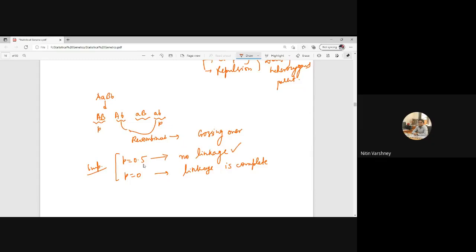P is equal to 0 means linkage is complete, and we will get only non-recombinant type, meaning parental type.